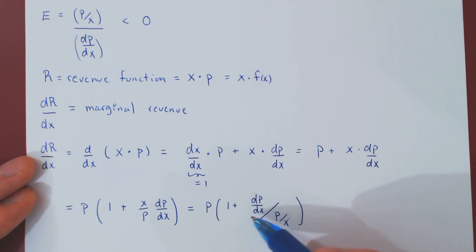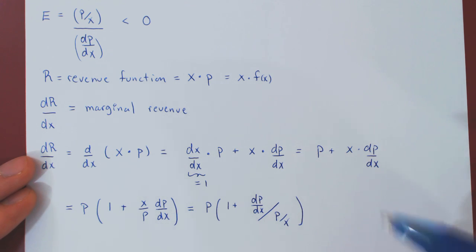So this is multiplying dP over dx by the inverse, which is X over P. So this works out. The question, of course, is why did I do this?